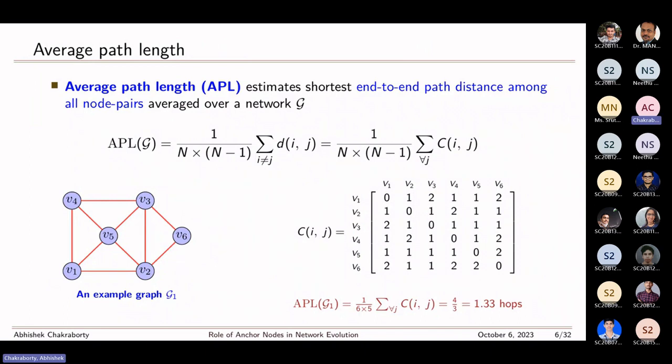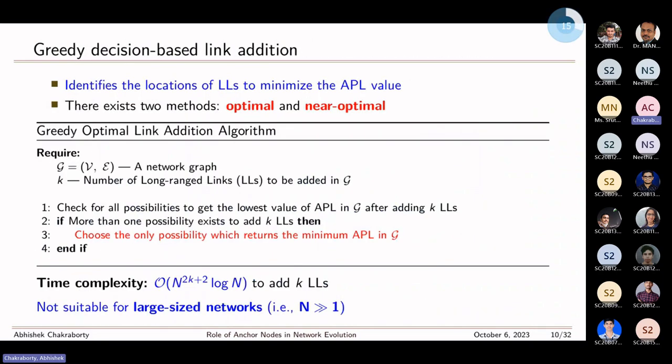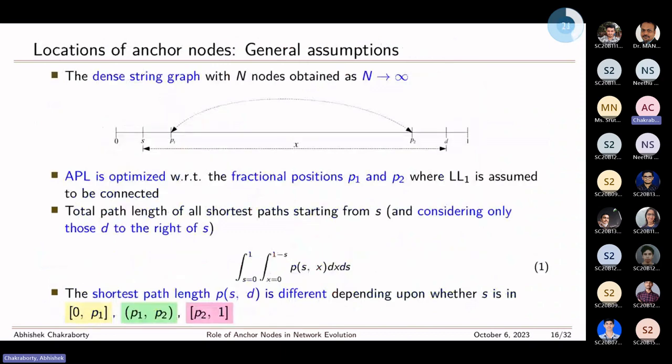If we can optimize the value of dij, obviously the APL value will also be optimized, because the factor outside the summation is constant. So in this particular case, we did not include APL. We are just trying to optimize the overall path length for all possible source-destination locations.